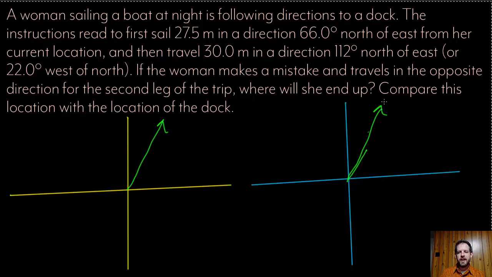She's supposed to go this way. When we go in the opposite direction, we are only changing the direction. It's kind of a duh thing, right? But we're not changing the magnitude. So she's still going 30 meters.